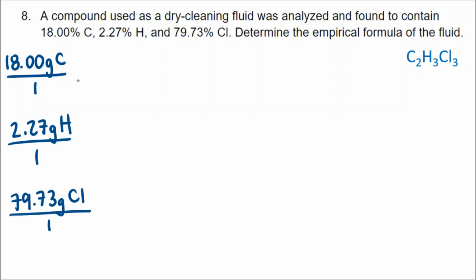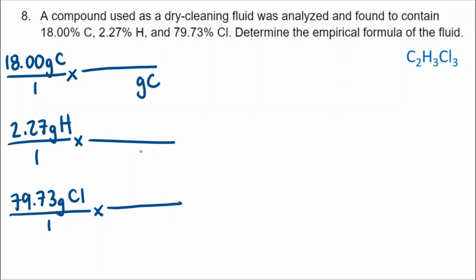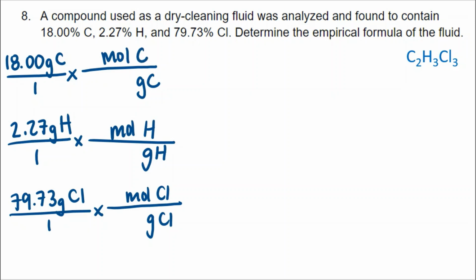So I want to convert all of these from grams to moles. So I need to put grams on bottom to cancel, and moles on top. That's what we're trying to solve for. So I'm going to go ahead and look up these molar masses and then do my division here.